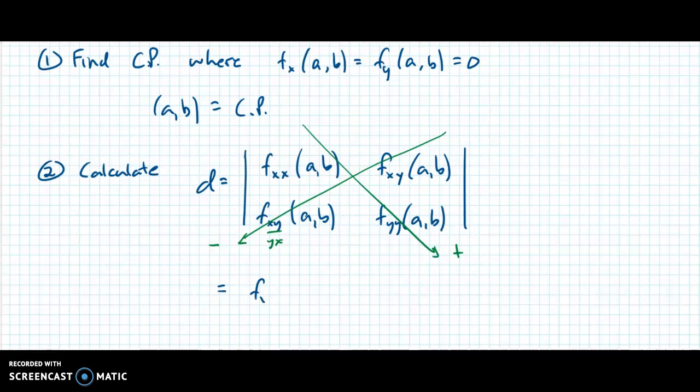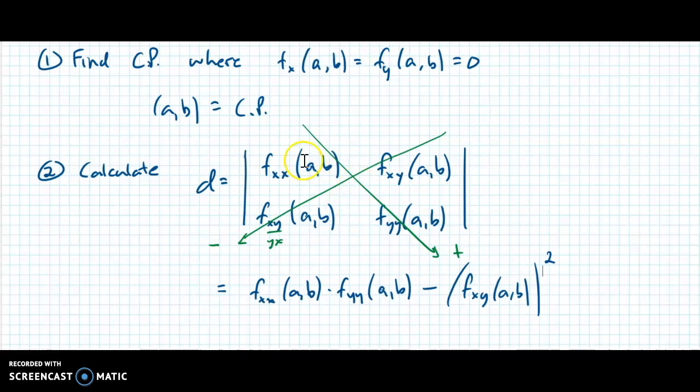So it is f sub x x of a comma b times f sub y y of a comma b minus, because we do minus when we do that back part of the determinant, f sub x y of a comma b. And remember, they're the same thing, whether I go xy or yx, so I can just write it squared. So that is D, whatever that is.